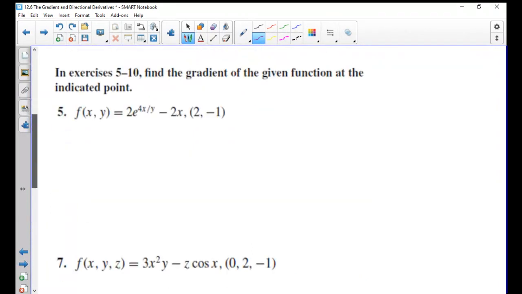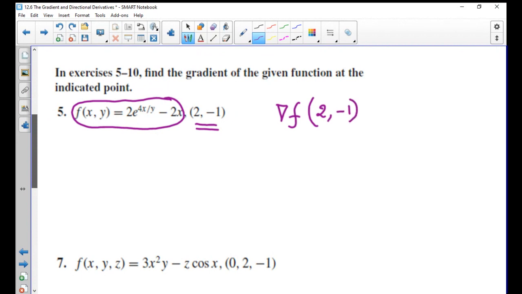Here is a function. I want its gradient at the point 2, minus 1. What is it? So we need the partial derivatives.